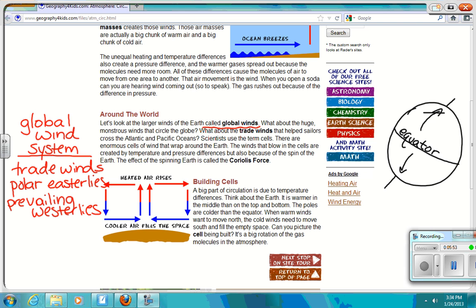Okay? It can't do that. The Earth is spinning. So the winds that blow in the cells are created by temperature and pressure differences. But because of the spin of the Earth, they cause the winds to move in a curved fashion like this.